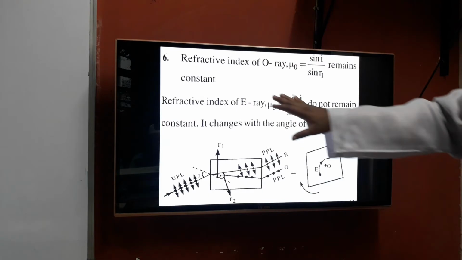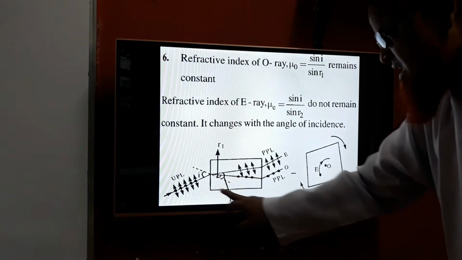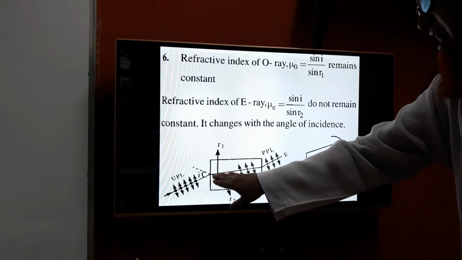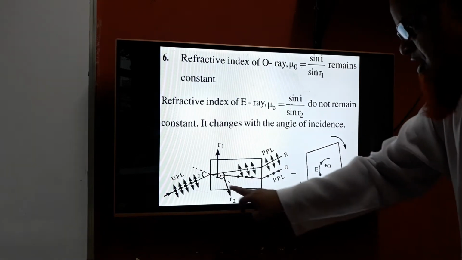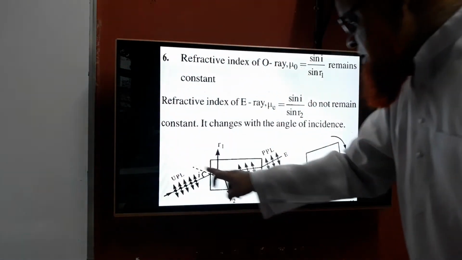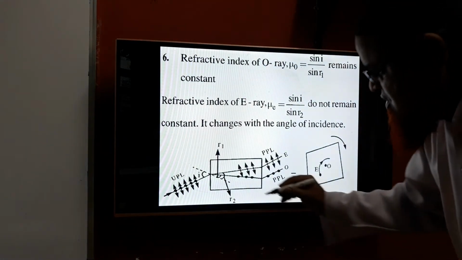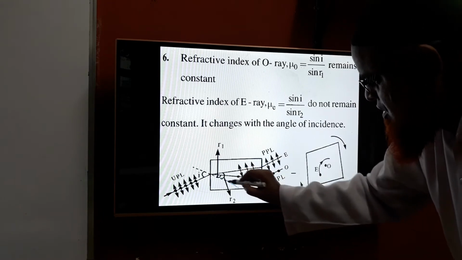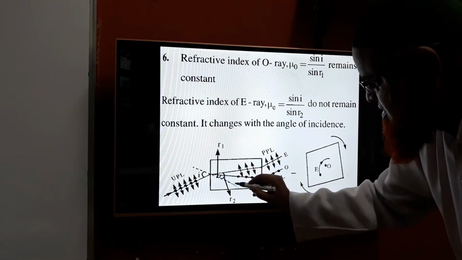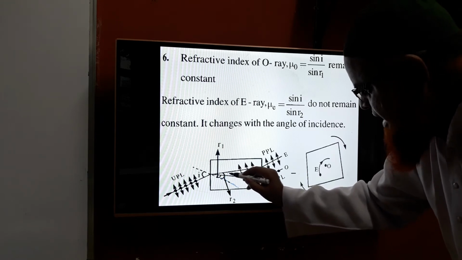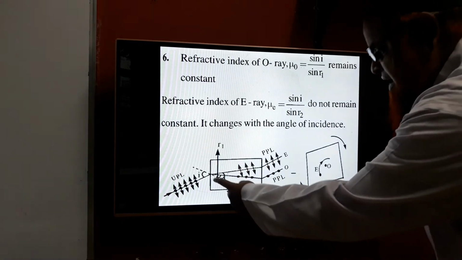Here, if you observe, this is a calcite crystal. In this calcite crystal, unpolarized light is entering, and this is going to be the normal. So if this is the normal, then what are you going to observe? The first one is considered to be refraction R1, and the second one is taken as refraction R2.